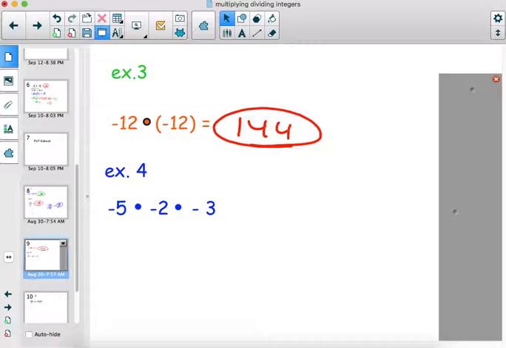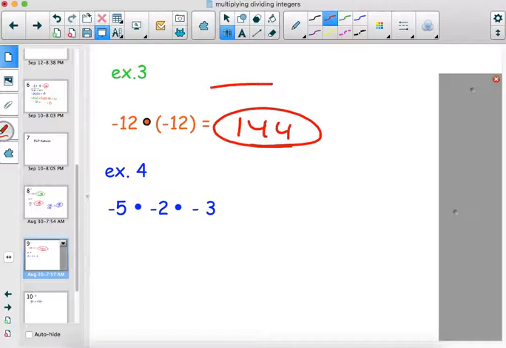Negative 5 times negative 2 times negative 3. Wait, before you do this, why am I changing this to dots? Why am I using this dot now, Owen? Because the X can get confusing, because a lot of times in algebra we use x's and y's. So if I said, what is 2 times x, and I write 2 times x, that looks confusing.